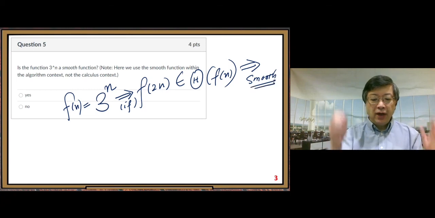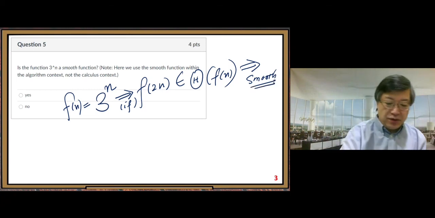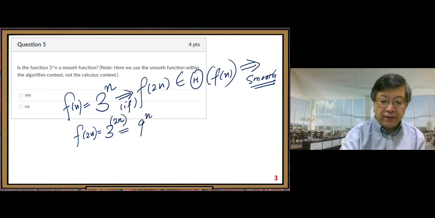So here, can you show f of 2n, 3 to the 2n, equals 9 to the n?